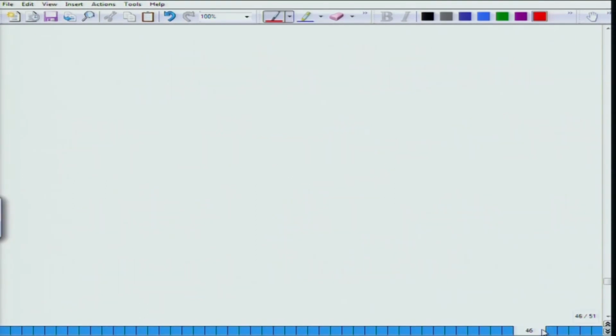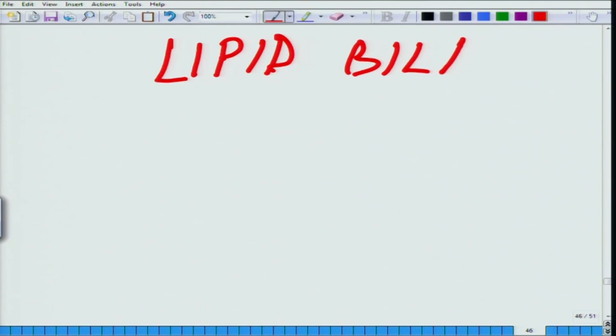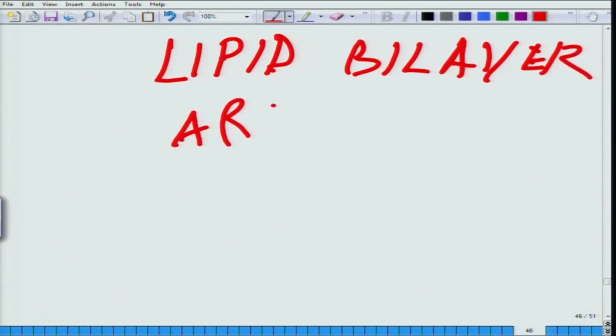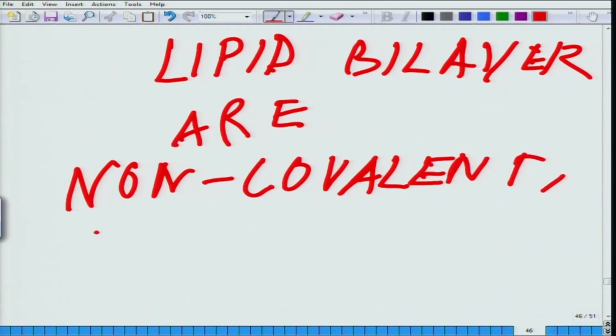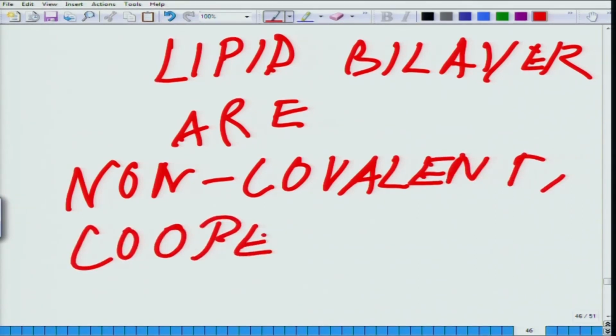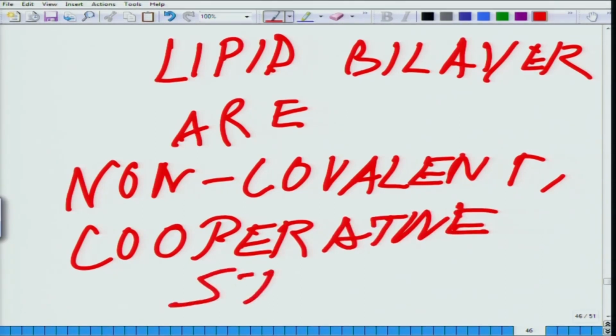And last but not least, if I have to summarize it, I will put it like this: lipid bilayers are non-covalent cooperative structures.